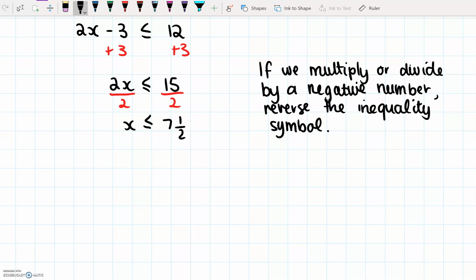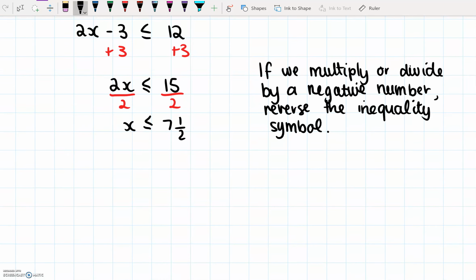This is the main rule that changes things from what you'd normally do with a linear equation.